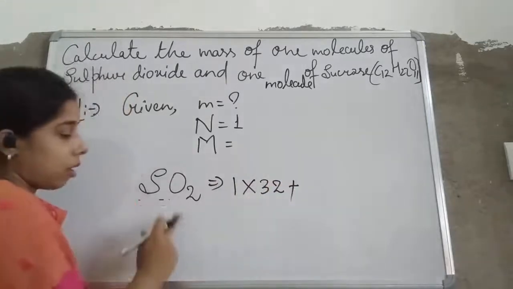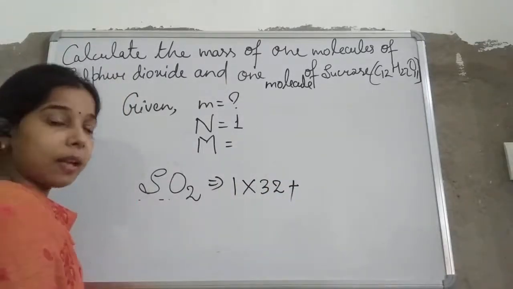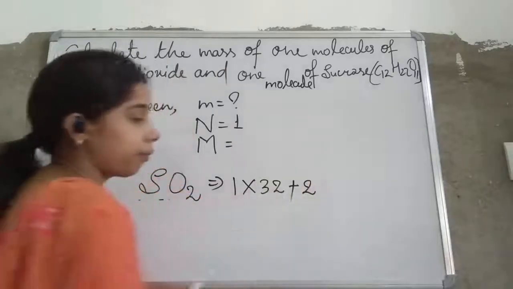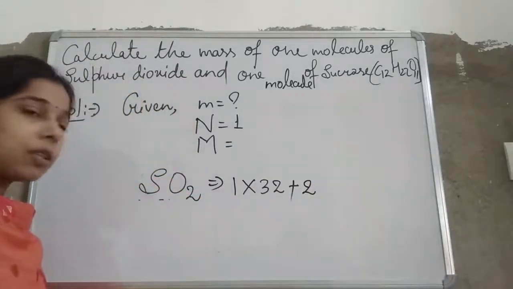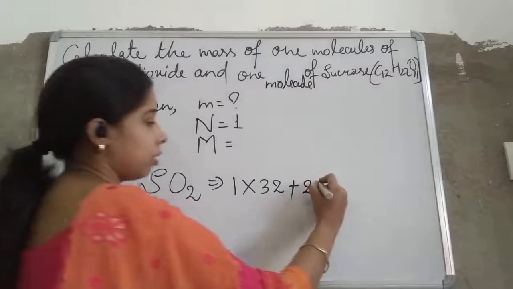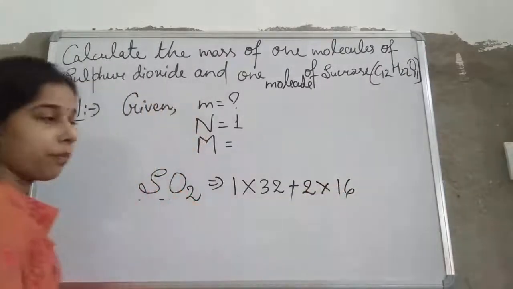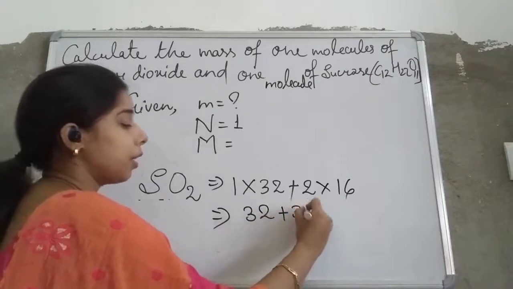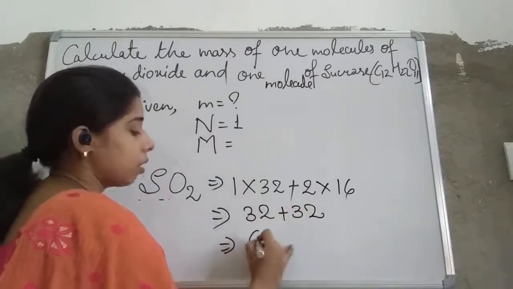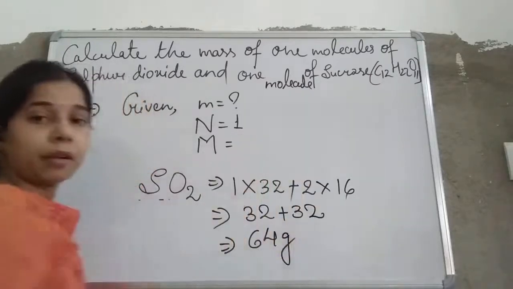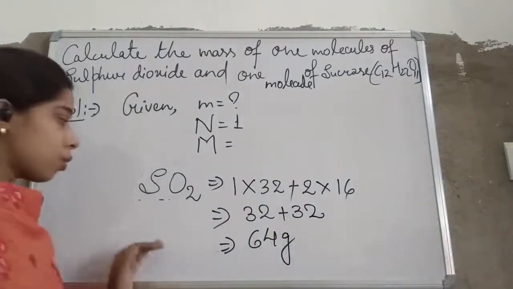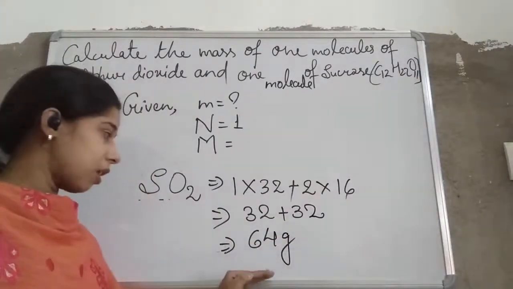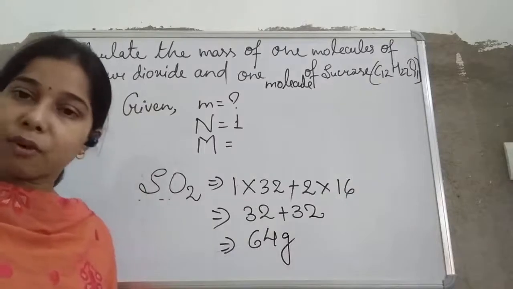Plus, how many atoms of oxygen are there? That is 2. And what is the atomic mass of oxygen? That is 16. So this will be equal to 32 plus 32, which gives 64 gram. Okay. So the molecular mass of sulfur dioxide is 64 gram.